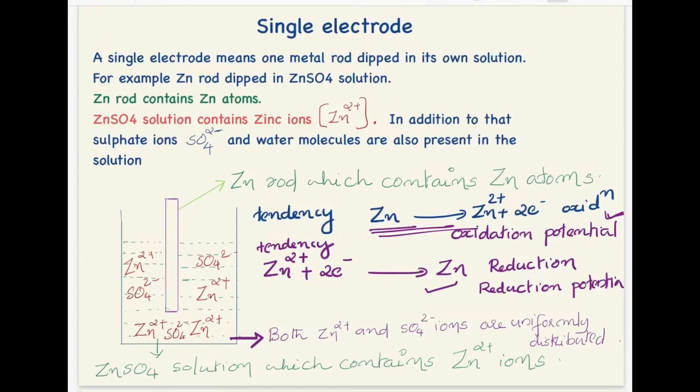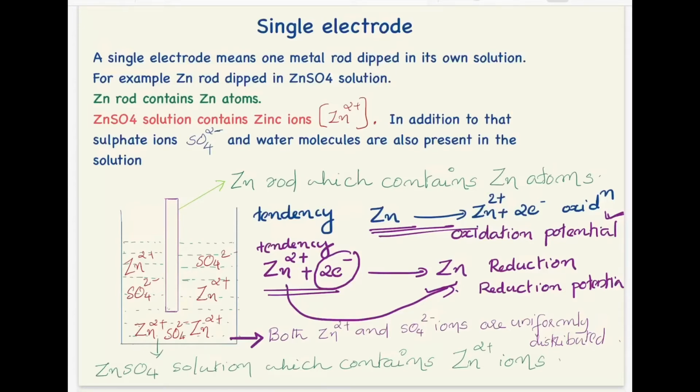Whether this reaction will happen or not, this reaction is also not going to happen on its own. The reason: in order to undergo this reaction, somebody should give 2 electrons to the zinc ion. Here nobody is there to give electrons, so zinc ions cannot become zinc atoms.